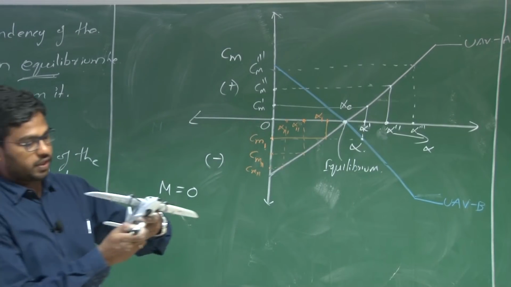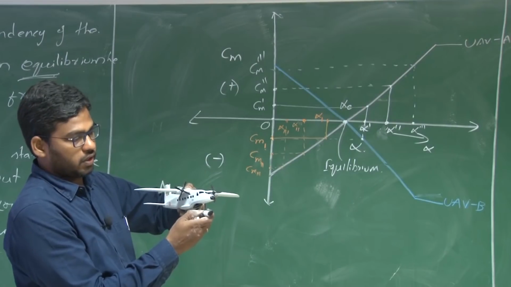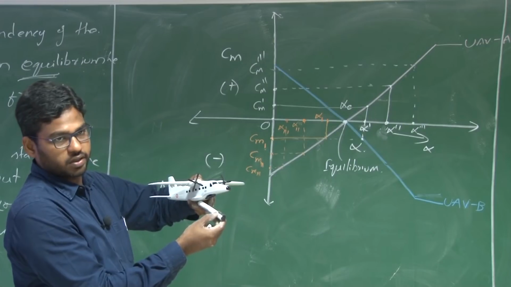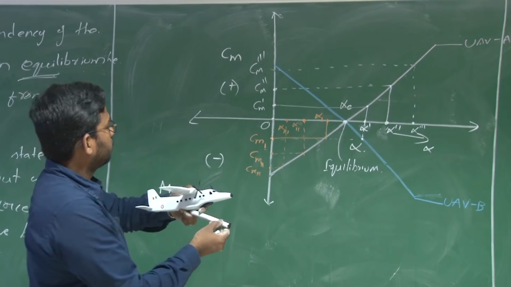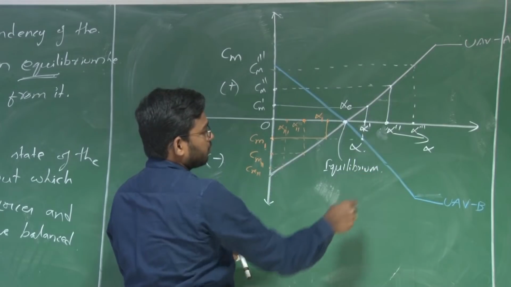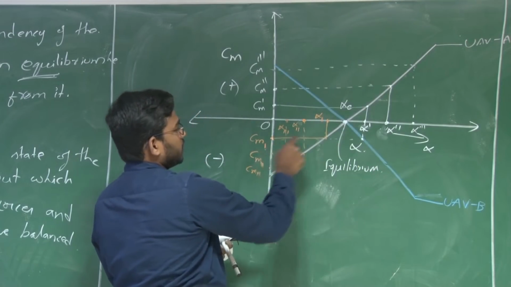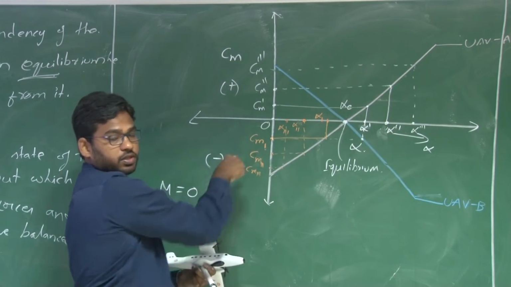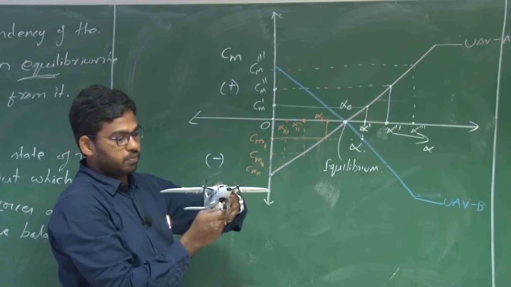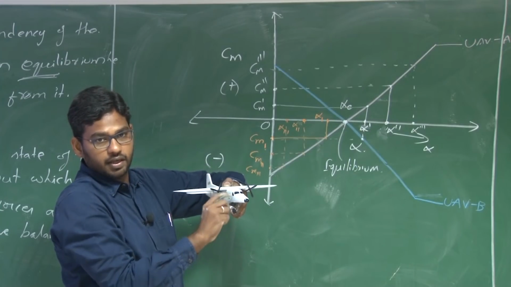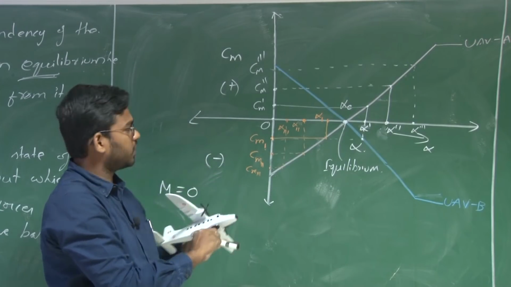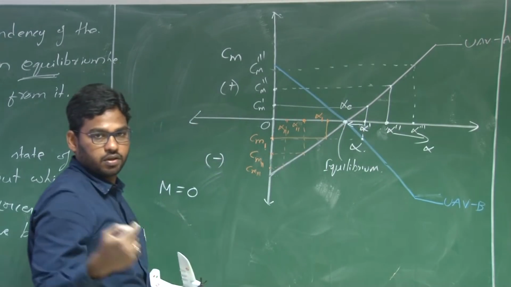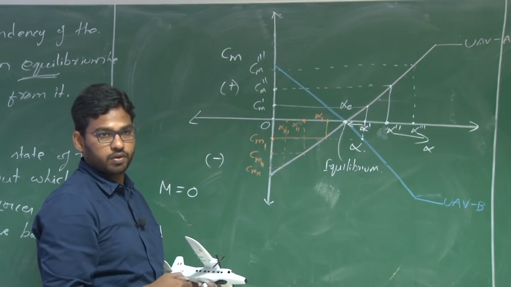So let us say there is a disturbance, this is my equilibrium alpha, that has increased this alpha. But with the UAV with this particular blue curve, this change in the alpha will induce a nose down moment here, Cm is negative. So this nose down moment will decrease the angle of attack, right. That means you will start moving towards this equilibrium point.